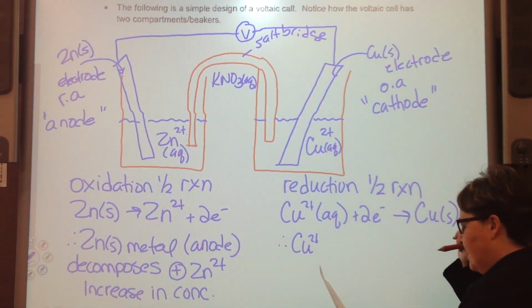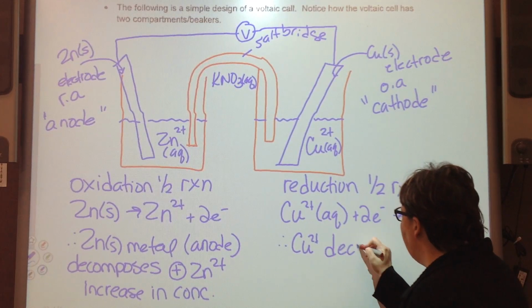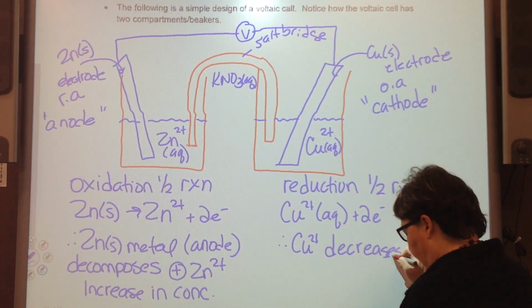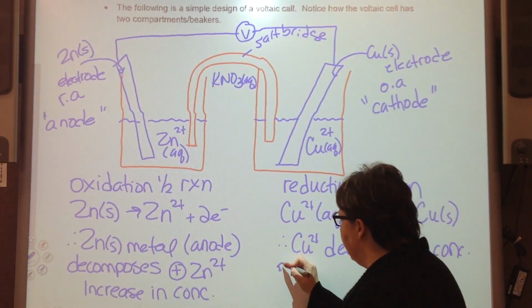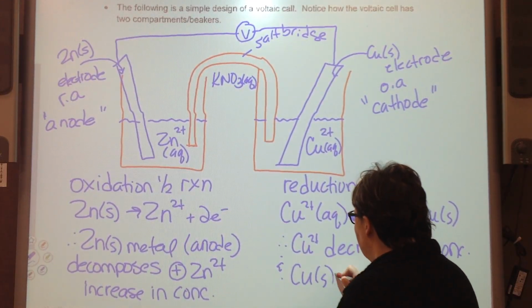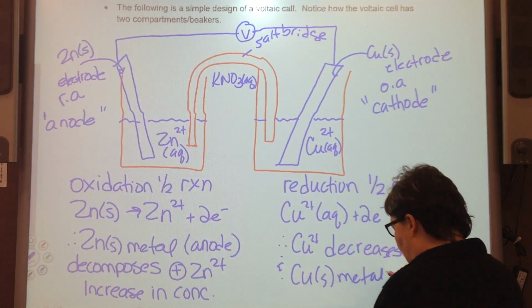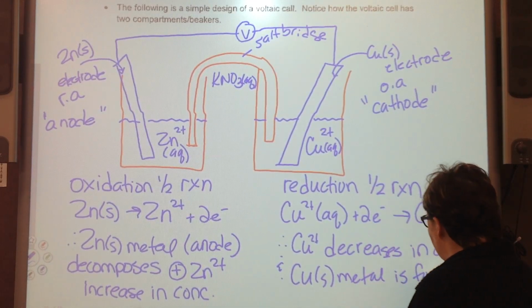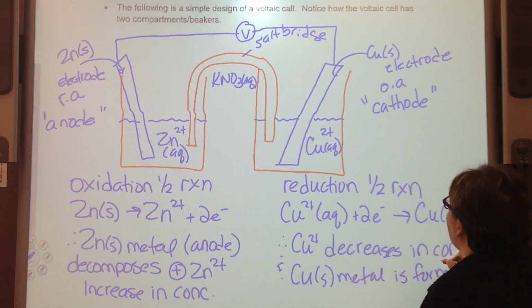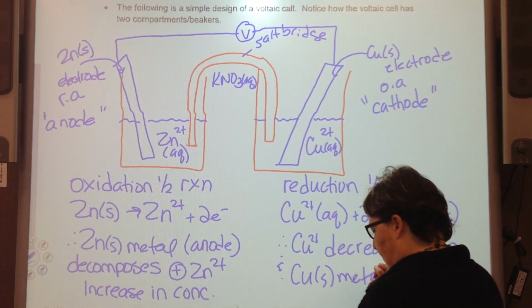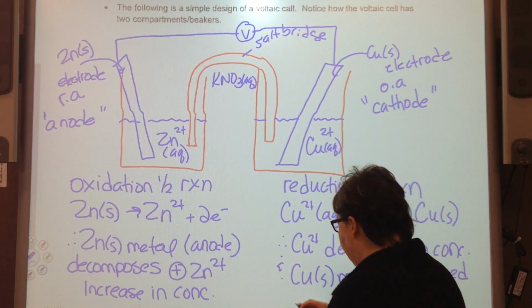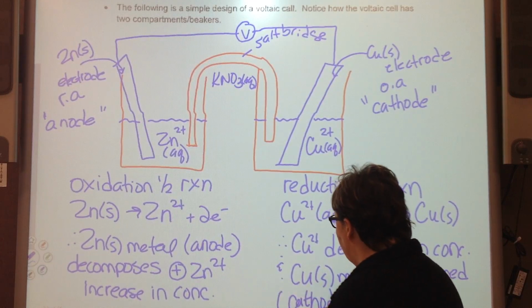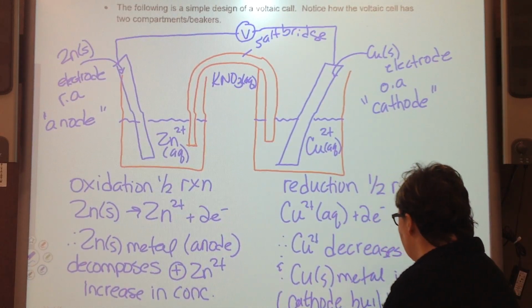The copper 2 plus decreases in concentration, and copper metal is formed. Cathode builds in mass.